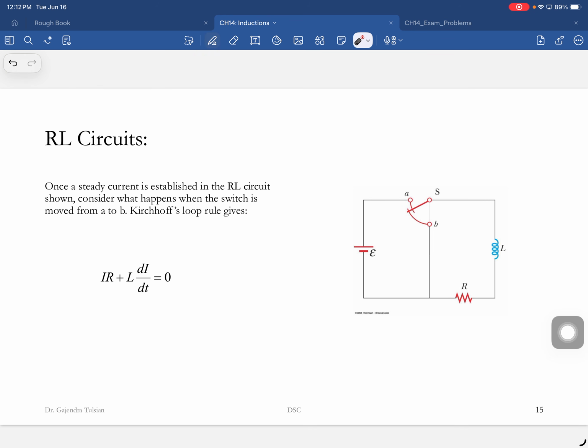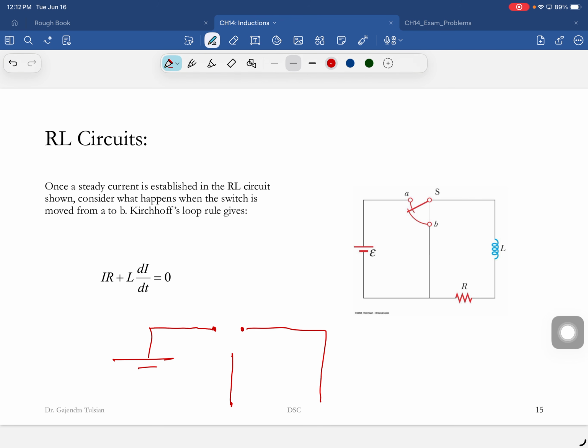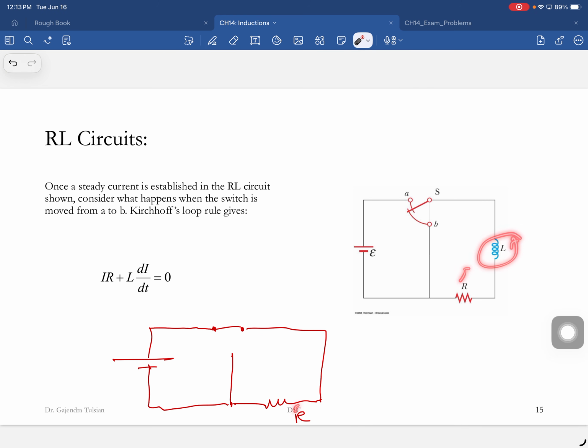Okay. Let's say I had, I'm going to draw the same circuit, except without the inductor. Okay, so it's the same circuit without the inductor.